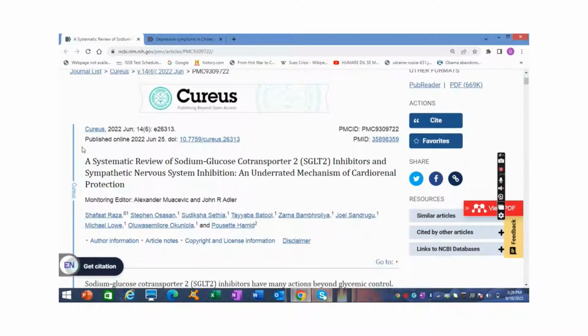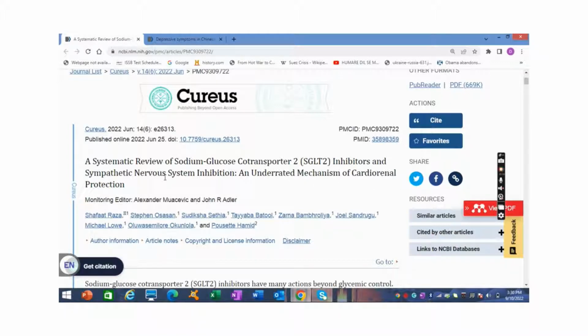look at this. Now see the title of this research paper: a systematic review of sodium glucose cotransporter 2 SGLT2 inhibitors and sympathetic nervous system inhibition, an underrated mechanism of cardiorenal protection.